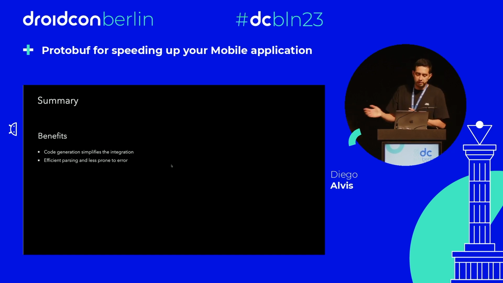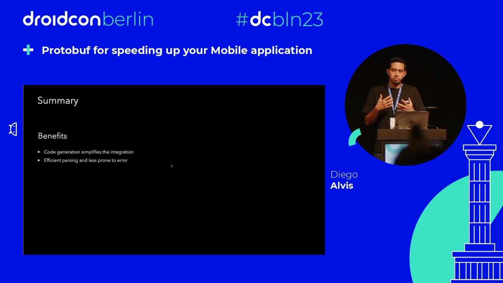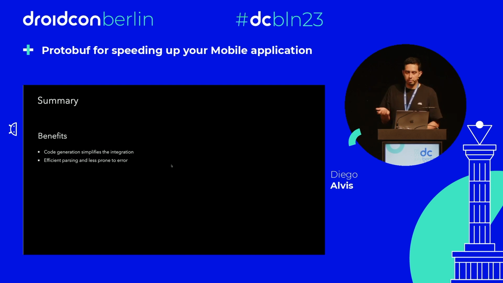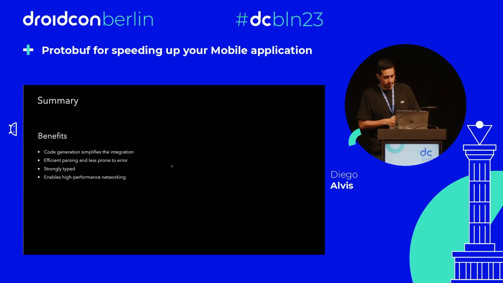Right? The parsing is efficient, it's less prone to error. You don't have to worry about making mistakes because you maybe miss a type of a value. It's strongly typed, which is more or less what I just said. Prevents errors and enables high performance in networking.